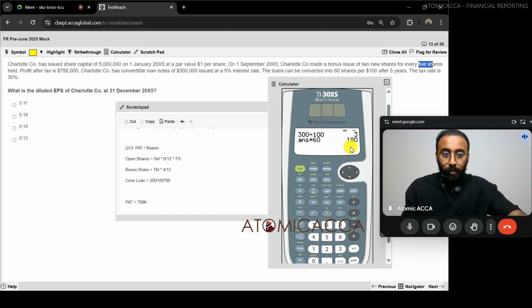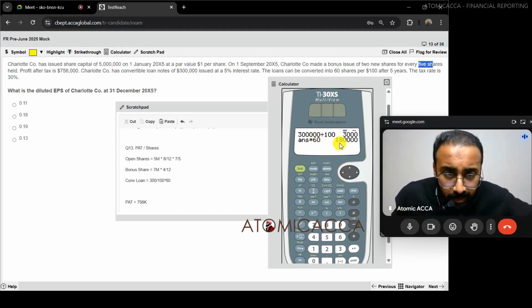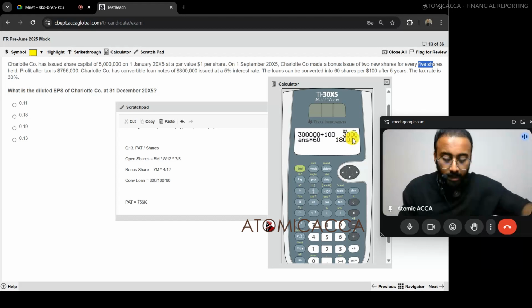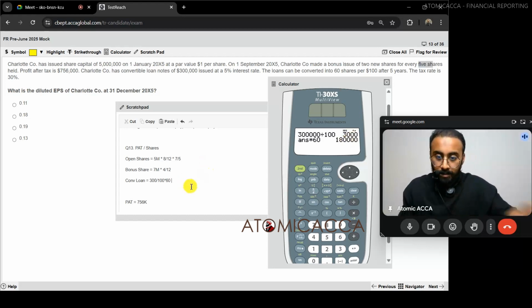That is equal to 180,000 shares in total.